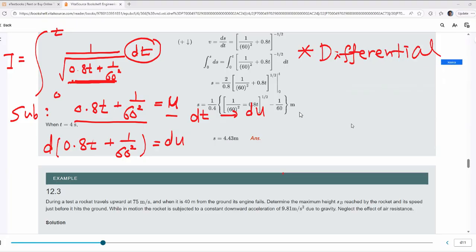Suppose we have a function y, a function of x. Now the differential definition is this: dy equals the derivative of the function of x.